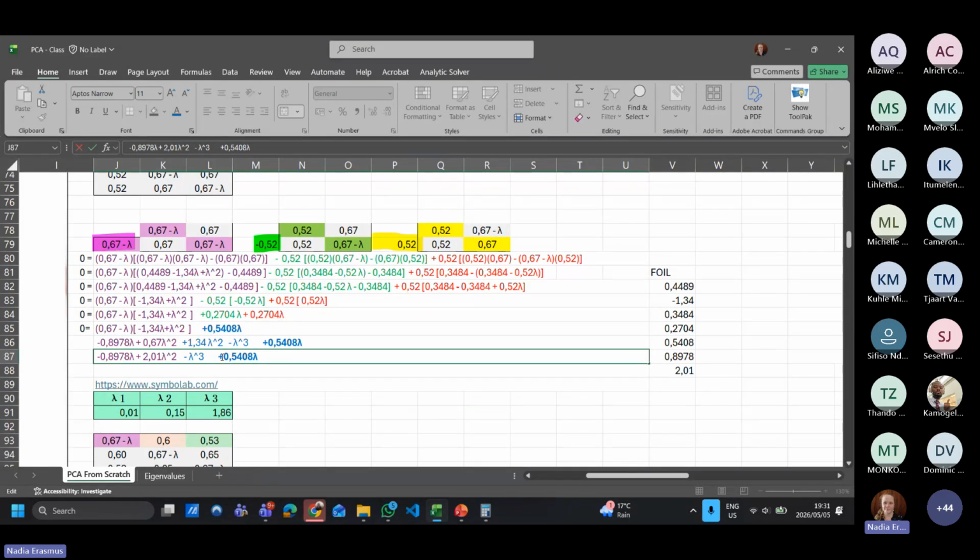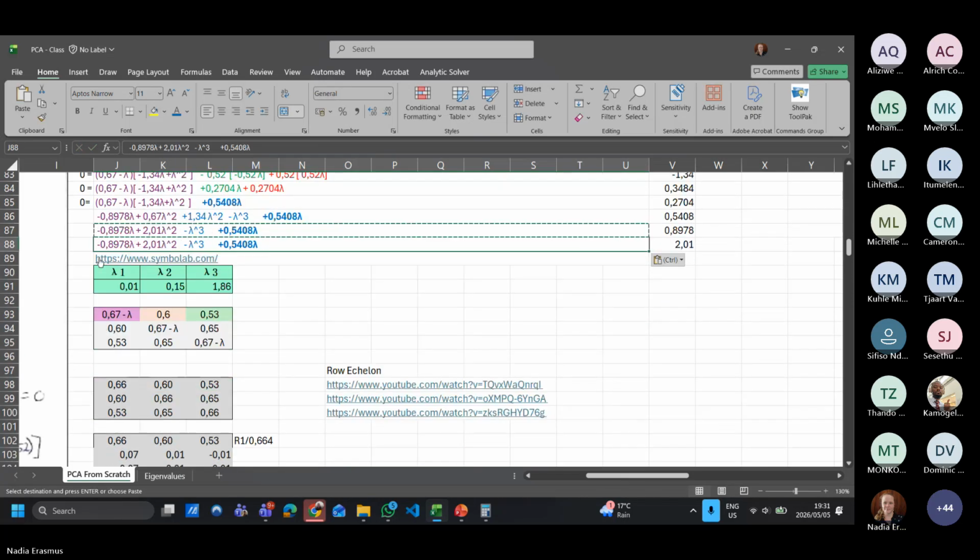Now we can just rewrite it out. We're going to rewrite it as minus lambda to the power of 3 plus 2.01 lambda squared.